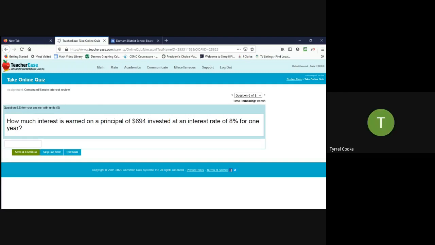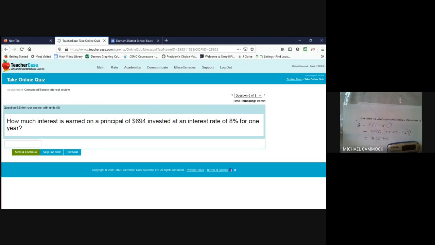To be honest, I don't even know. Okay, let's read the question together. It says, how much interest is earned on a principal of $694? Does that sound like they're asking for, remember, amount means interest and principal put together. So does this question sound like they're asking for that or just interest only? Which one does it sound like to you?